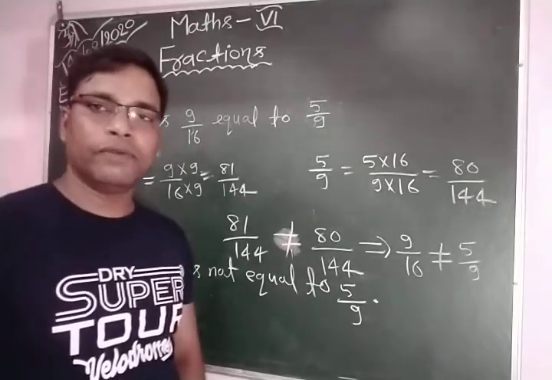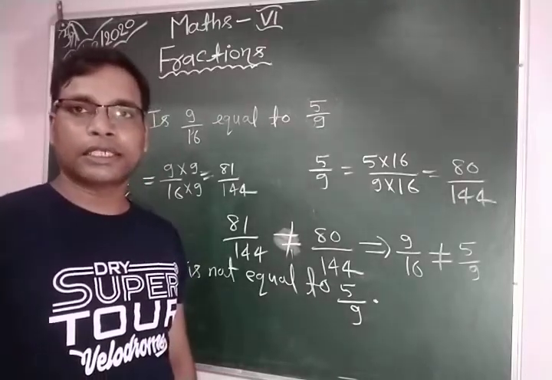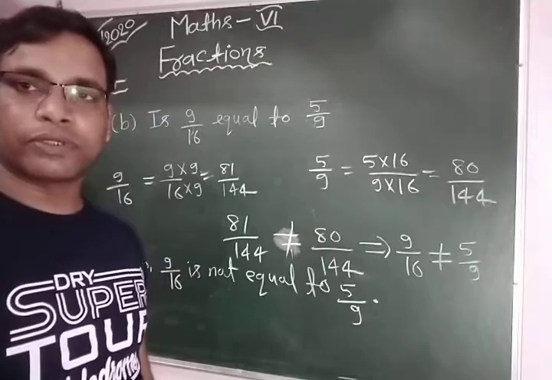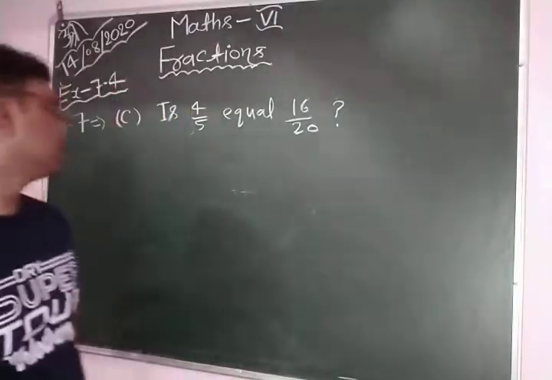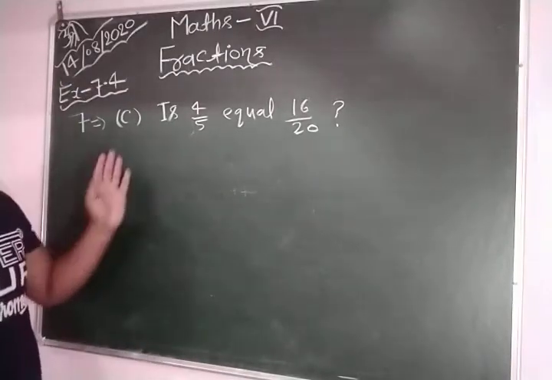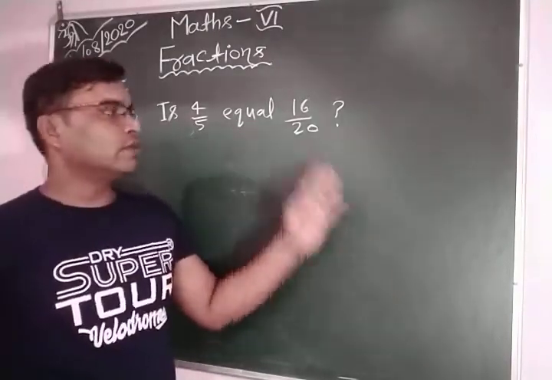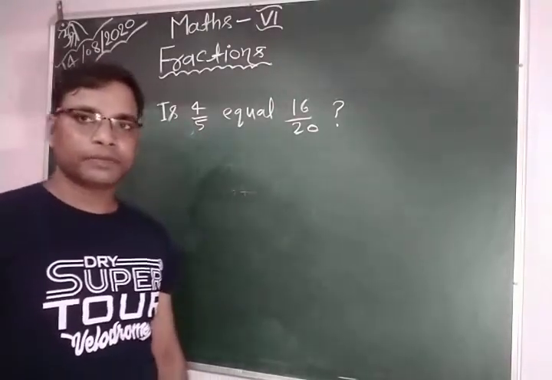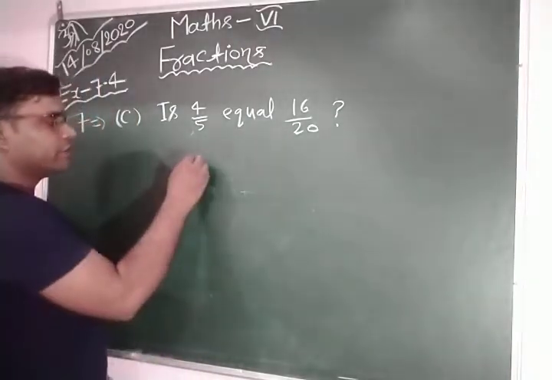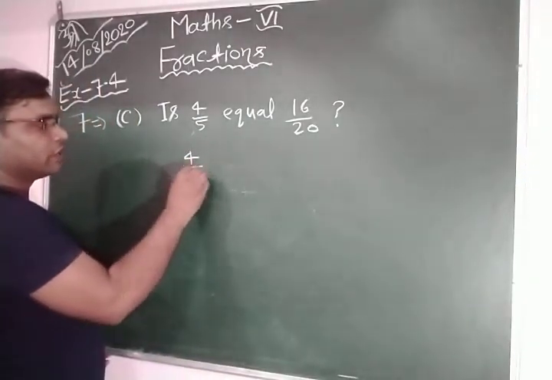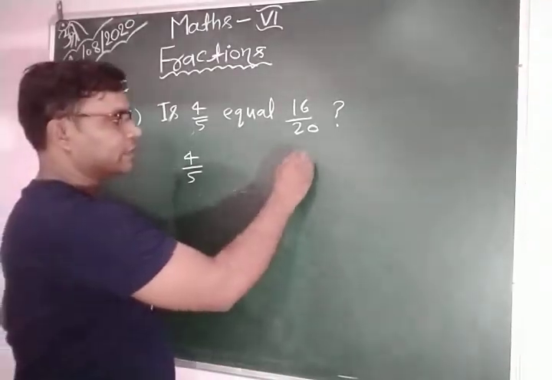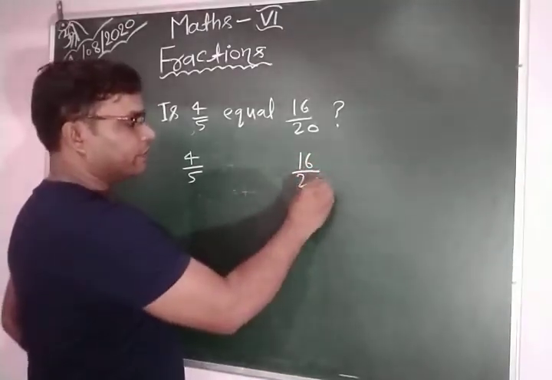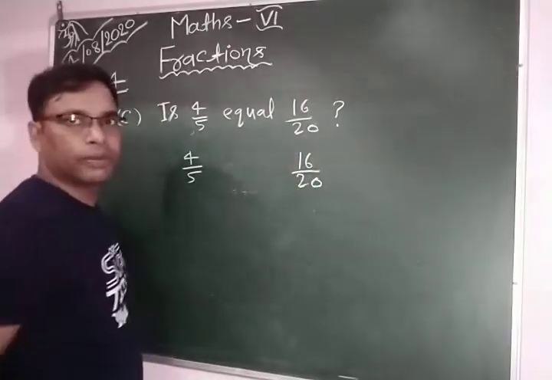Now we are going to discuss the next part, the C part of this question number 7: 4 by 5 equal to 16 by 20. So first here we write 4 by 5, and 16 by 20. First we simplify 16 by 20.